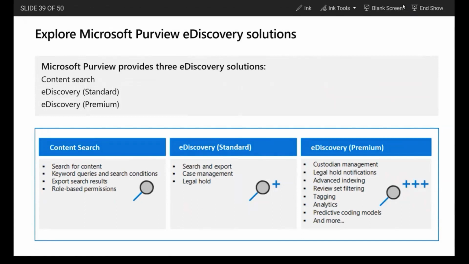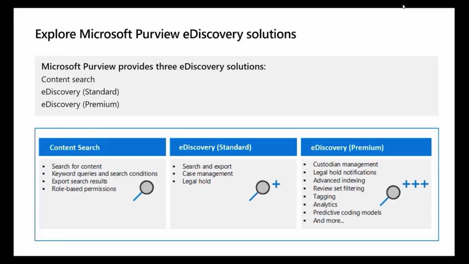Now, apart from this, we have the Microsoft Purview e-discovery solutions. The Microsoft Purview e-discovery solutions have three different categories. We have the content search, we have the standard e-discovery, which was earlier referred to as core e-discovery. Then we have the premium e-discovery, which was earlier referred to as the advanced e-discovery search. Depending upon your requirement, you can use an e-discovery solution to collect data from multiple resources in your organization, right?